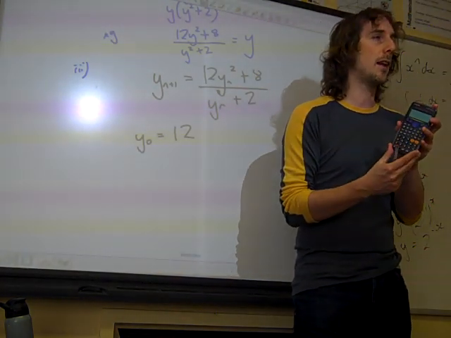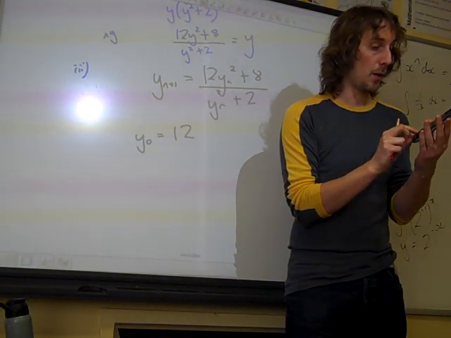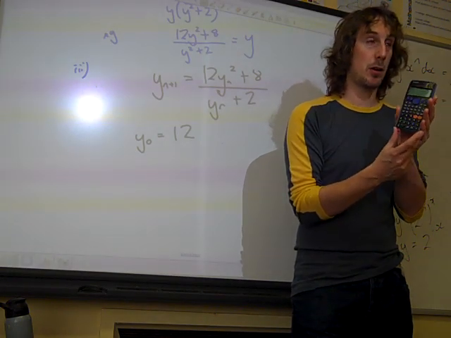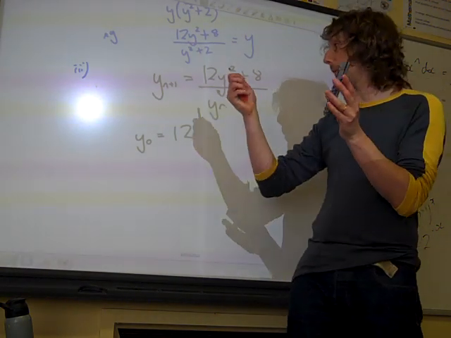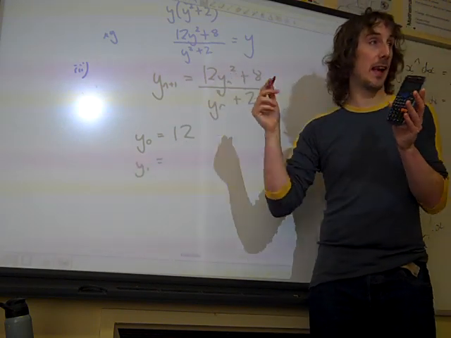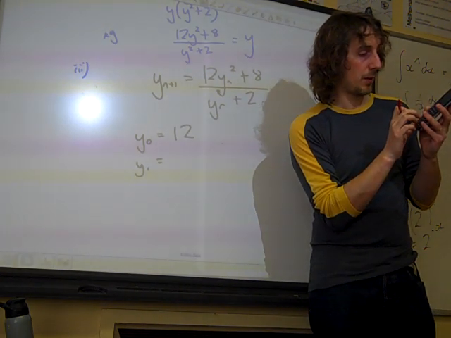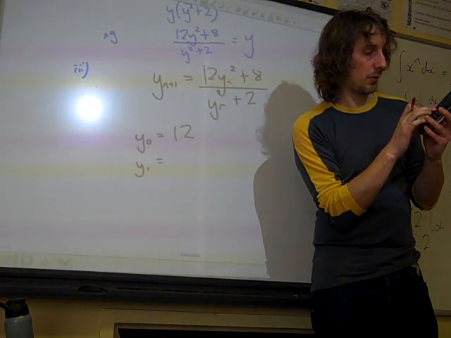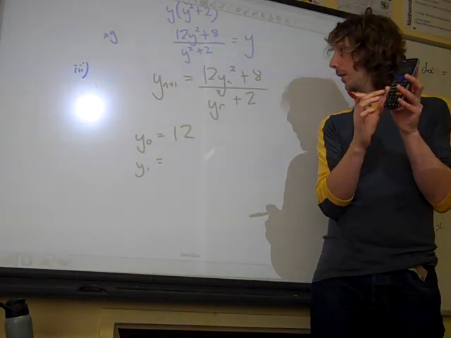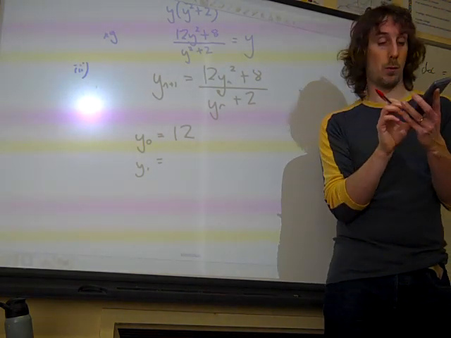I think we know how to do this now, don't we? But just in case, as a quick reminder, it's a complicated function, but we can still do it on the calculator. We start by typing 12 in and pressing equals, and that stores it as the previous answer. Then we type the function in, which is 12 times the answer squared, as a fraction: 12 times the answer squared plus 8, and the bottom of the fraction is the answer squared plus 2.